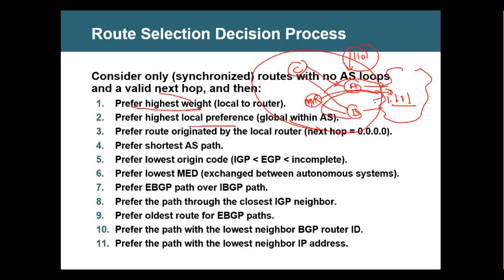It is for the entire autonomous system. You may configure it locally on router A, but that will be globally advertised to everyone inside this autonomous system. It won't go to the next autonomous system. It will be advertised only to all the routers within the autonomous system.